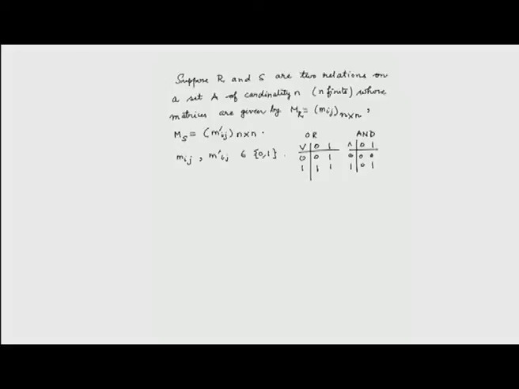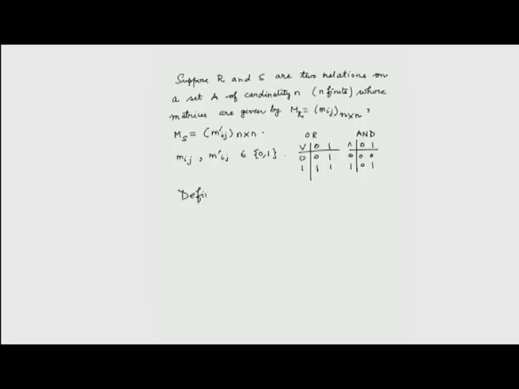We use these elementary operations to define operations on the matrices of relations. We will define MR OR MS as Mij OR m dash ij, n cross n.